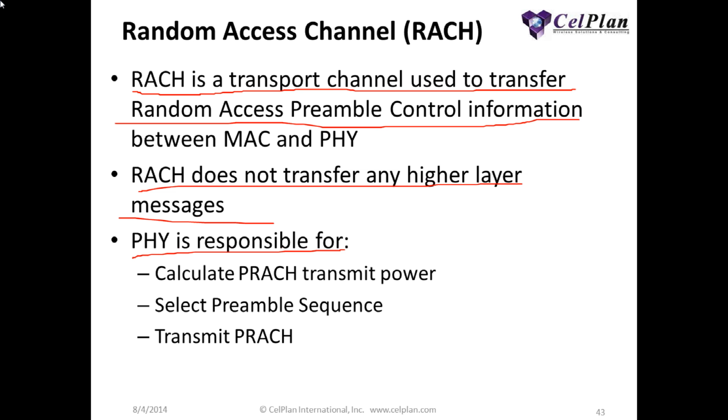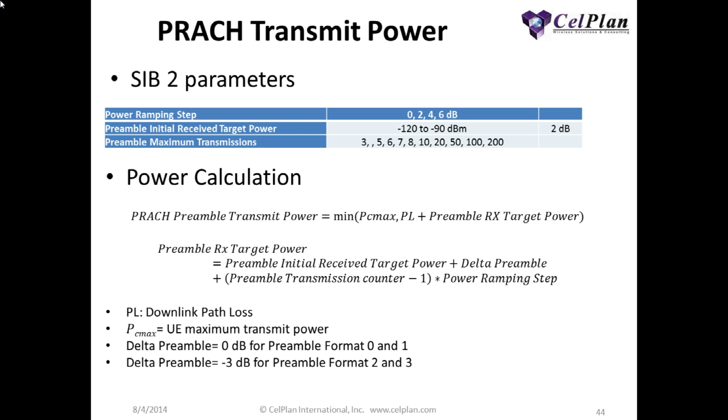So PHY is responsible to calculate the PRACH transmit power, to select the preamble sequence, and to transmit the PRACH. Well, there are some SIB2 parameters that are used during power calculation, and those are power ramping step, preamble initial receive target power, and preamble maximum transmissions.